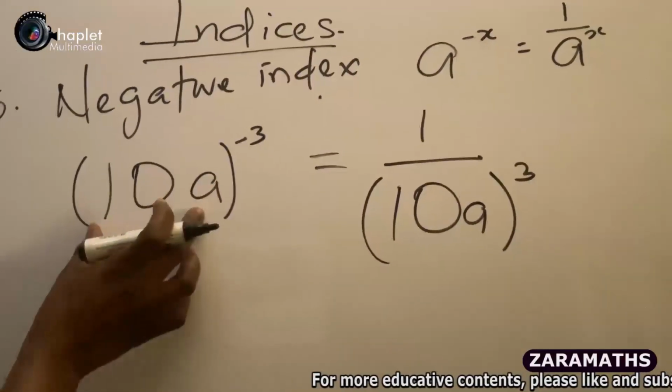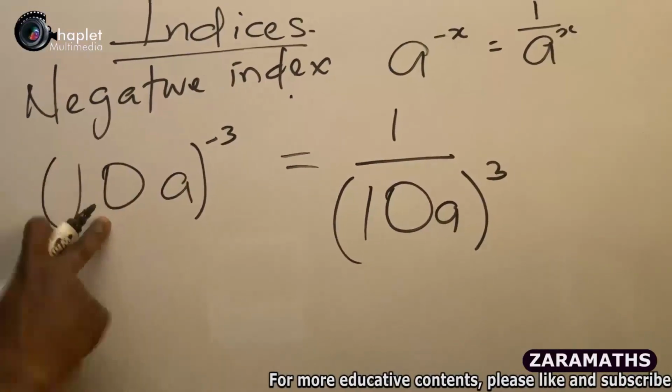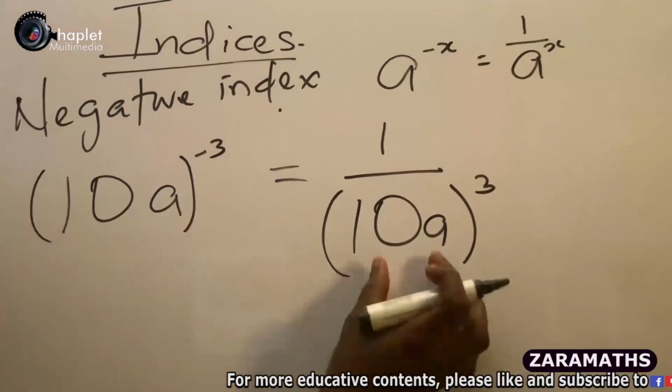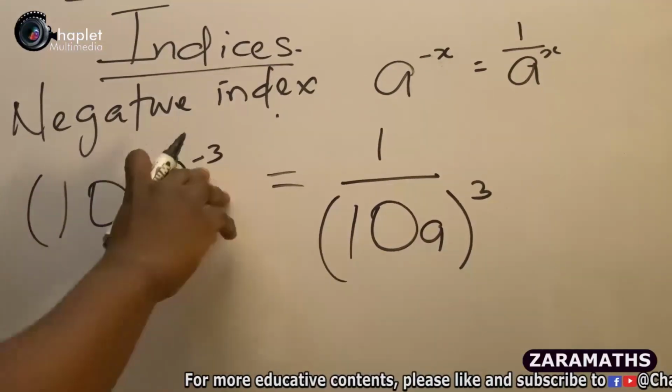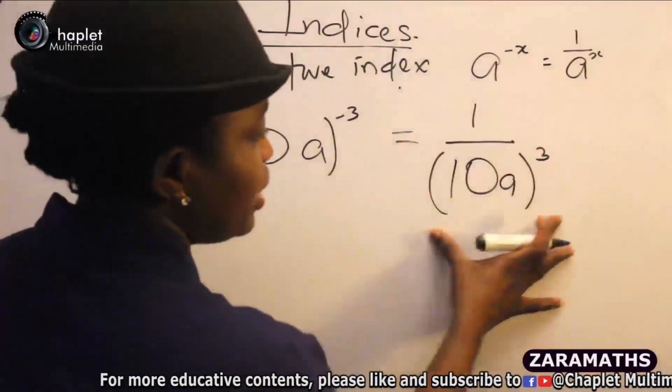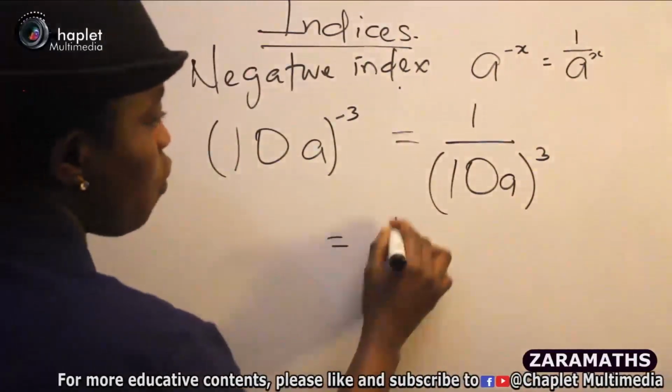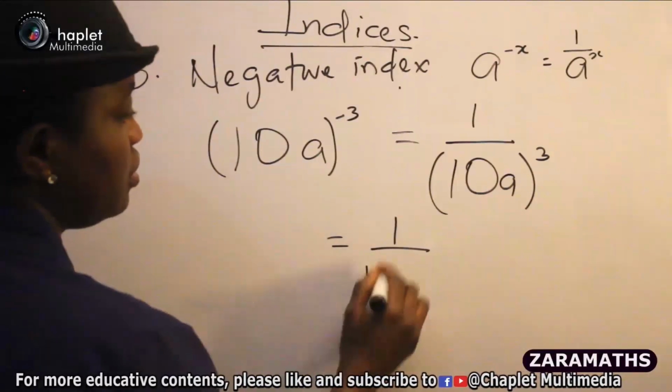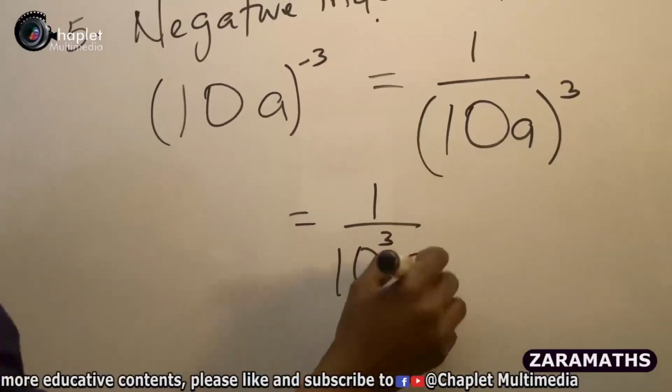So this is how you write it out. In this case, we have 1 over 10 raised to the power 3, a raised to the power 3.